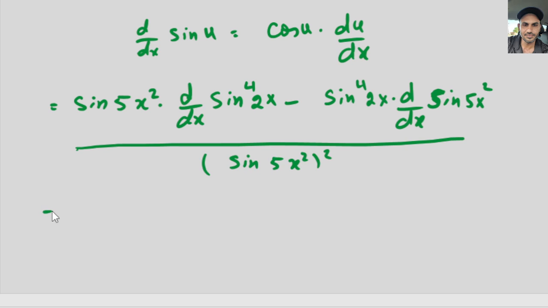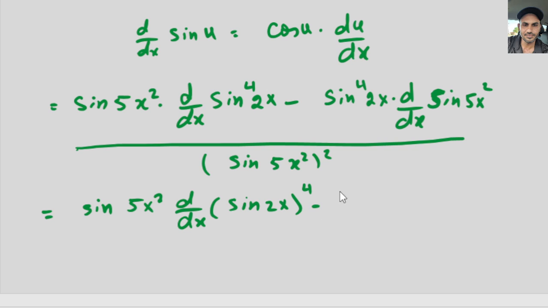Okay, so now I'm going to start taking the derivatives. So this is sine of 5x squared, and the derivative of this is going to be, let me just write it in a little different format, sine of 2x to the fourth. I changed this one into this form, minus sine to the fourth of 2x.